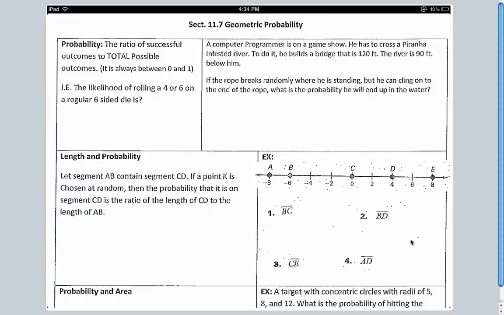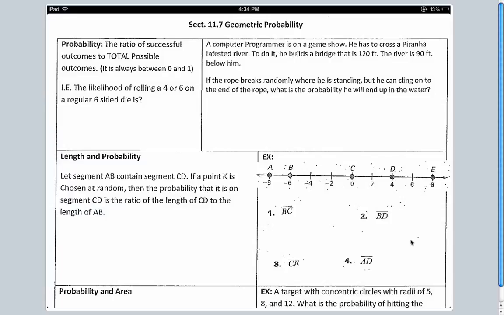It's the ratio of successful outcomes to total possible outcomes. That is so important. It's the number of times the thing that you want happens to the number of ways it could have possibly happened.